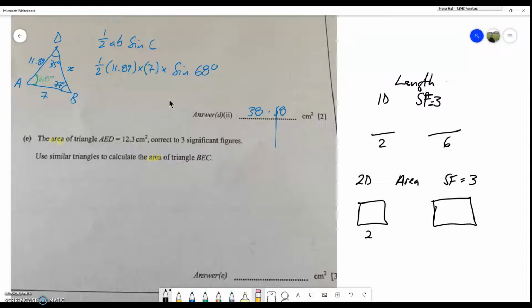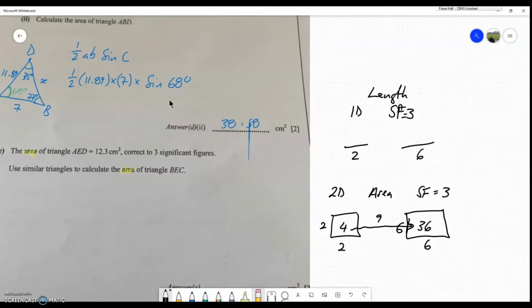So if this is 2 and this is 2, it means my scale factor of 3 must be 6 by 6, which is 36. But my area of my first one was 4. So while the sides are in a scale factor of 3, what we actually have to multiply the area by is 9, so we multiply 4 by 9.